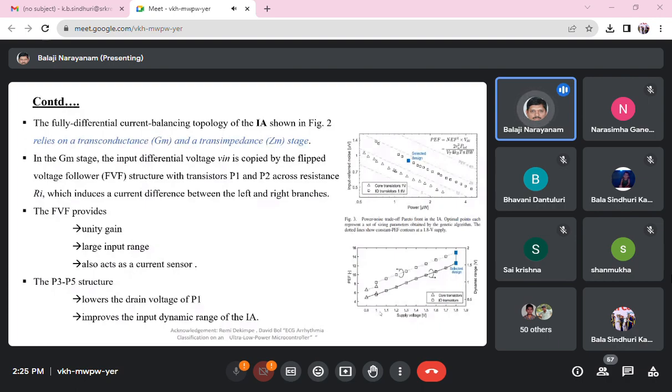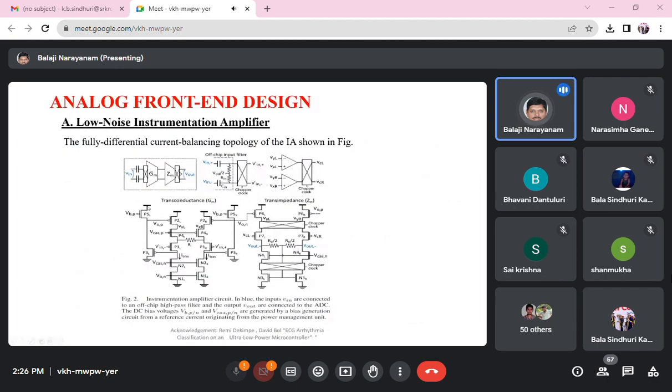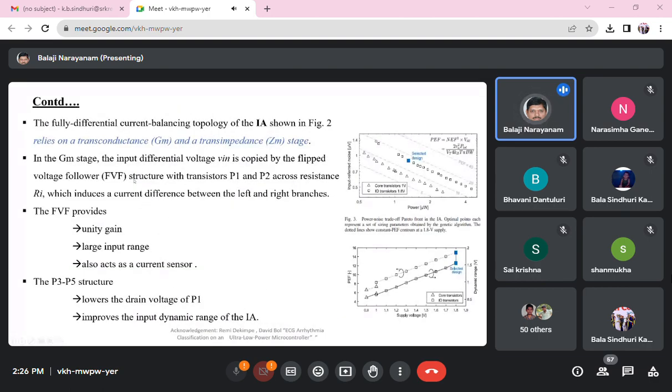This fully differential current balancing topology of the instrumentation amplifier relies on a transconductance GM stage and a trans impedance stage. You can observe that we said IA, in which we have shown the instrumentation amplifier. We have indicated GM and ZM, where GM is the transconductance stage and ZM is the trans impedance stage.